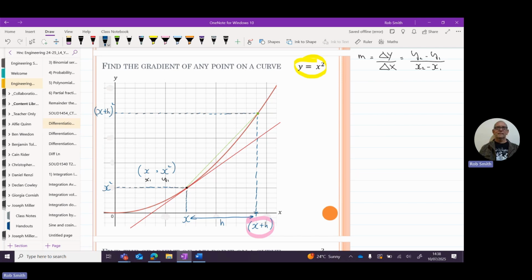Now we're in a position to put the coordinates of my green dot, and then I can work out the change in y divided by the change in x using the formula. My x value for the green point is going to be x plus h, and the y value is going to be (x plus h) all squared.